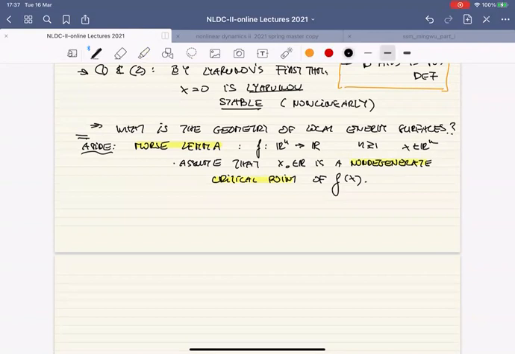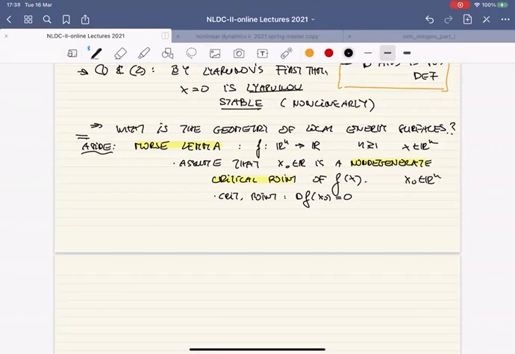The critical point bit is that when you take the derivative of the function, df at x naught, it vanishes. That's what it means for it to be a critical point. Is x naught in Rn? Yes, x naught is in Rn. The function is defined in Rn, so x naught is in Rn.